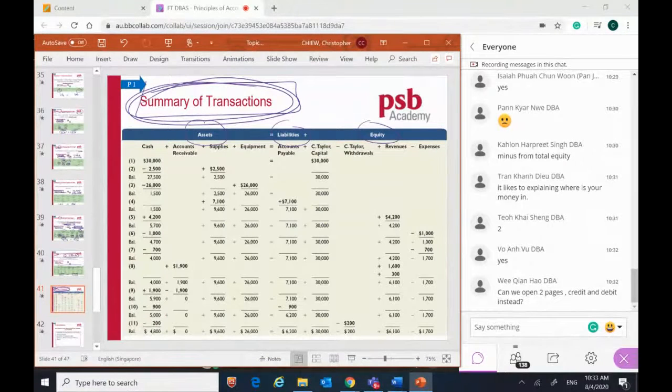At the end of it, your total assets must always be equal to total liability plus total owner's equity. If you add up the balance at the end, your total assets must always be equal to your total liability plus owner's equity. They must always remain equal.